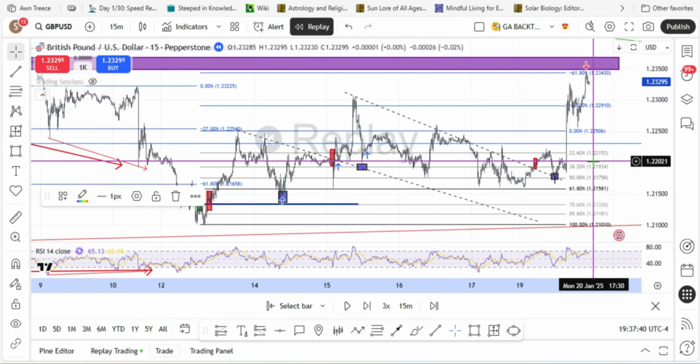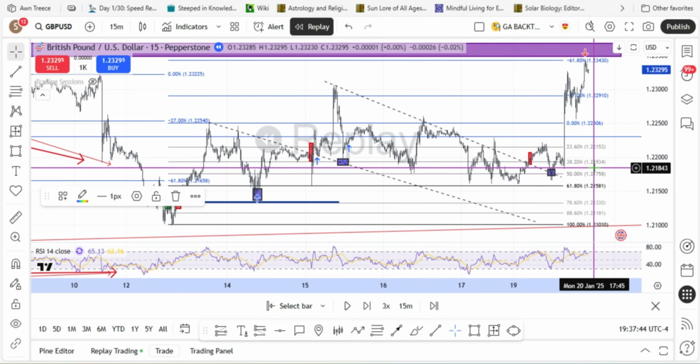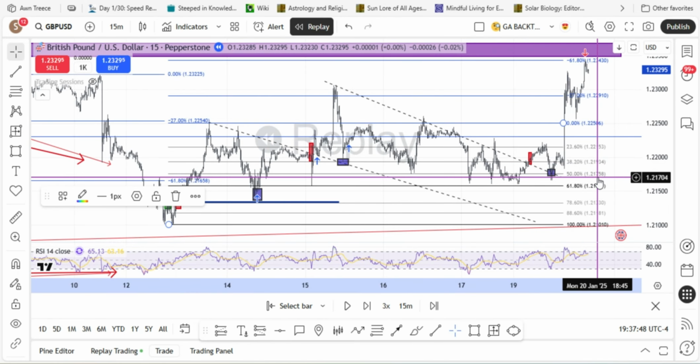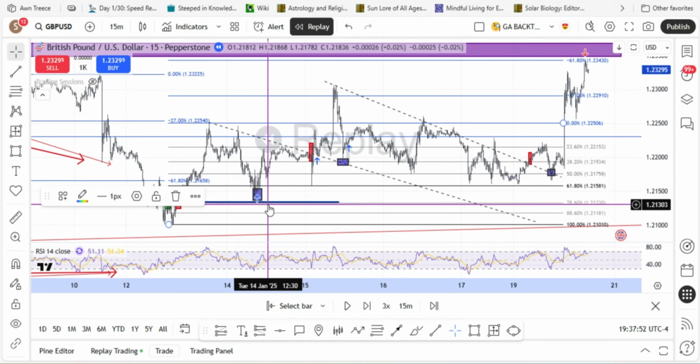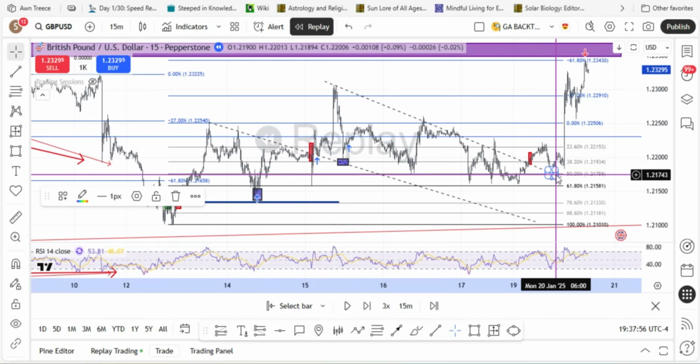I mean, that all looks very valid. I mean, these could have been test, break and retest, but to be safe, this was a definite 1, 2, 3 entries. I don't think I took more than 3, but yeah, that looks good.